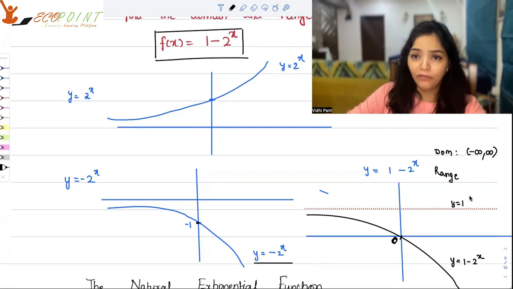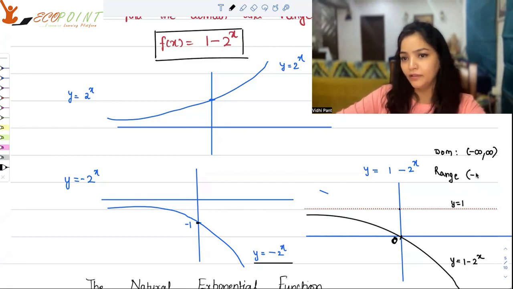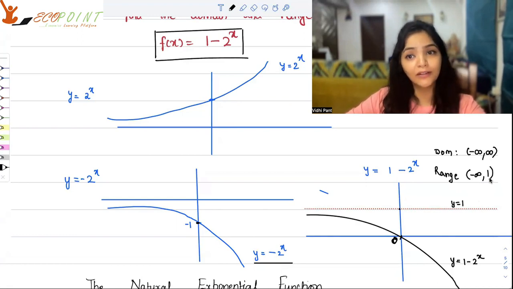Can you say what kind of y's are being generated? Yes, the y's are never going above 1. So I can get minus infinity somewhere down there till 1, but it's never reaching 1 and it's never going beyond 1. So that's going to be the range of it.